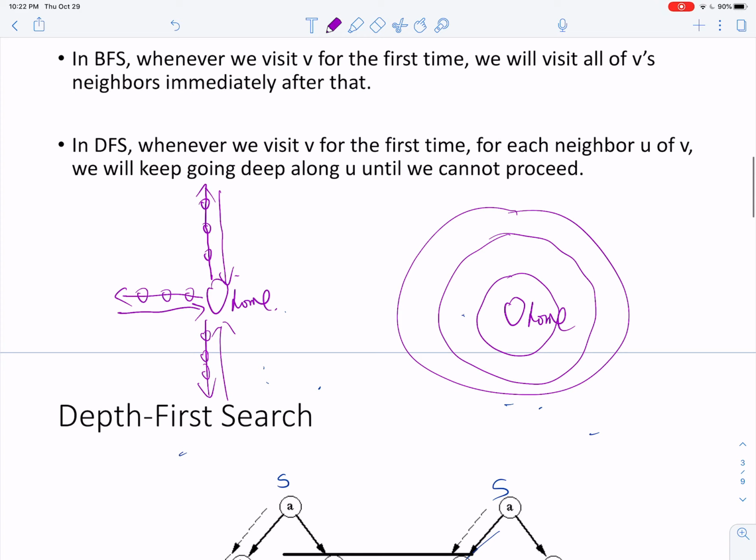d means the time when you visit the place for the first time. For example, on day 1 you visit this place, on day 2 you visit this place, so for this node, its d is just 2. Then you go to the very north, and then you come back home. f denotes the second time that you pass by this city. After you pass by the city for the second time, you are not going to visit it anymore, because next time you are going to pick a different direction.